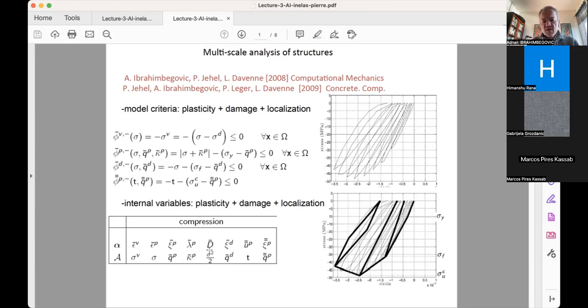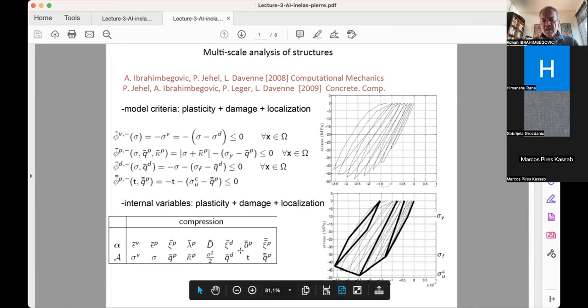And then there was a damage compliance, there was a damage hardening, there was a jump that is related to the softening part, and there's a softening variable that is compiled there. So each and every one of these internal variables has a conjugate stress that is driving this variable.